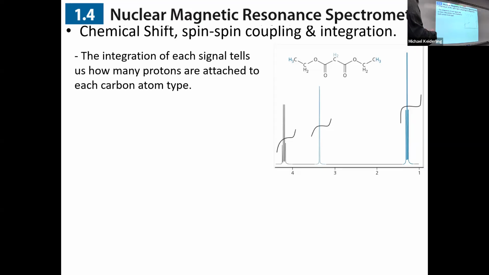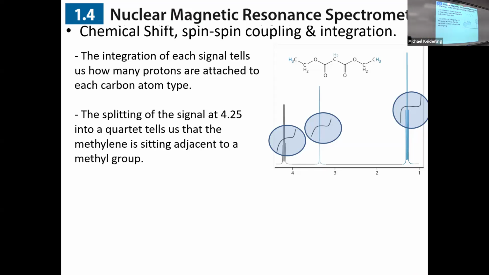The integration of each signal tells us how many protons are attached to each carbon atom type. So each of these is telling you how many hydrogens are attached to each carbon atom type.